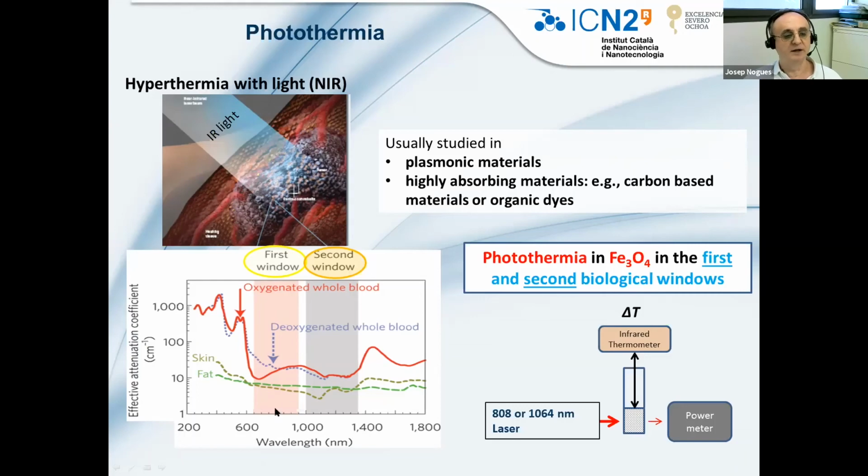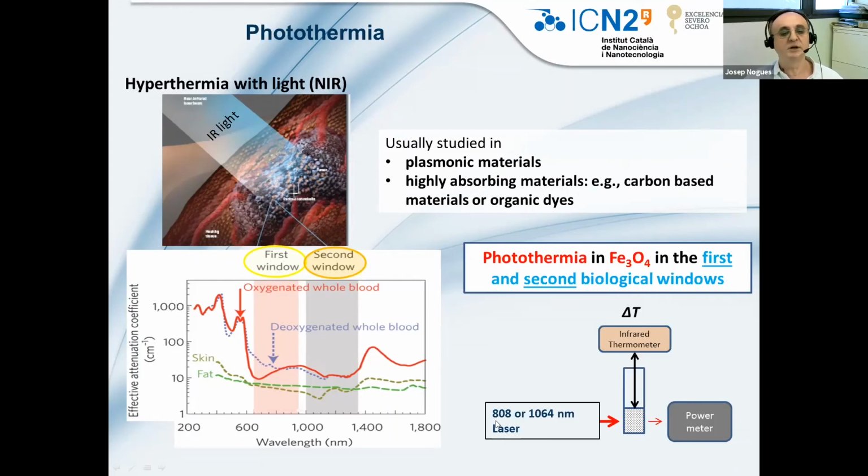These are in the 800 nanometer range for the first optical window, and about 1100 for the second optical window. Today I'm going to show you photothermia in iron oxide in the first and second biological windows.